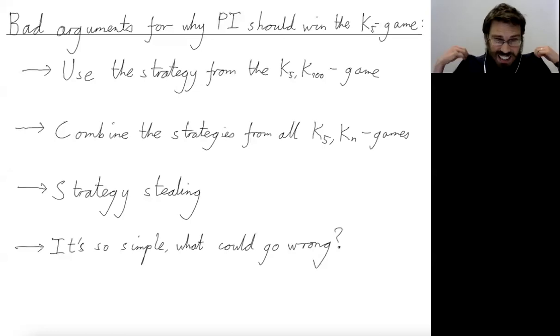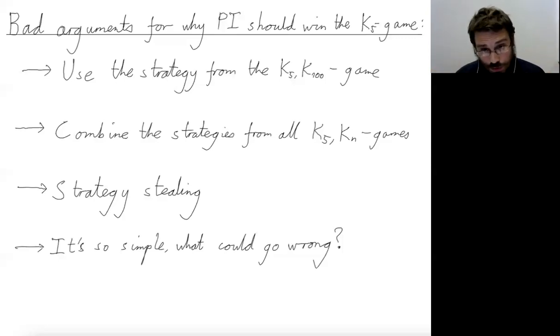And actually, if you think just a little bit more, you can see that these two statements are equivalent: the statement that the first player has a winning strategy in the K5 game, and the statement that there's some absolute upper bound such that the first player has a winning strategy in each K5, Kn game, let's say for n sufficiently large, but always within that many moves.